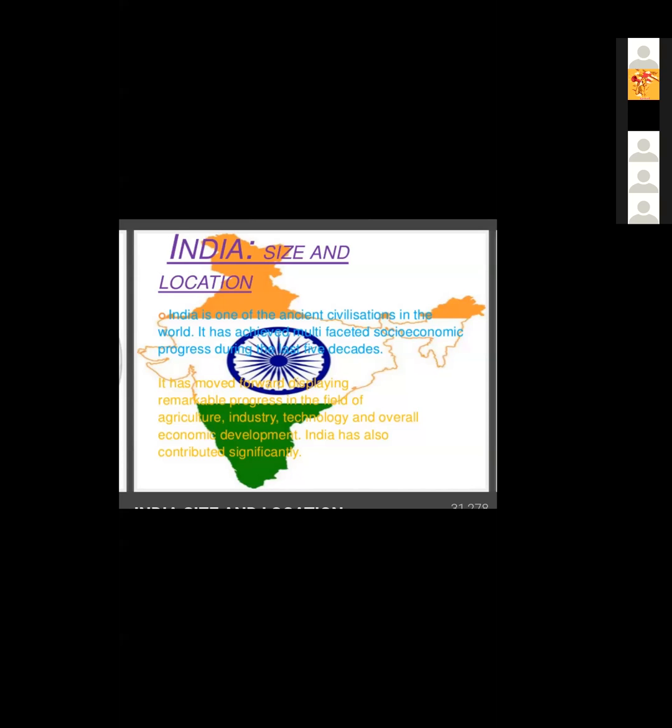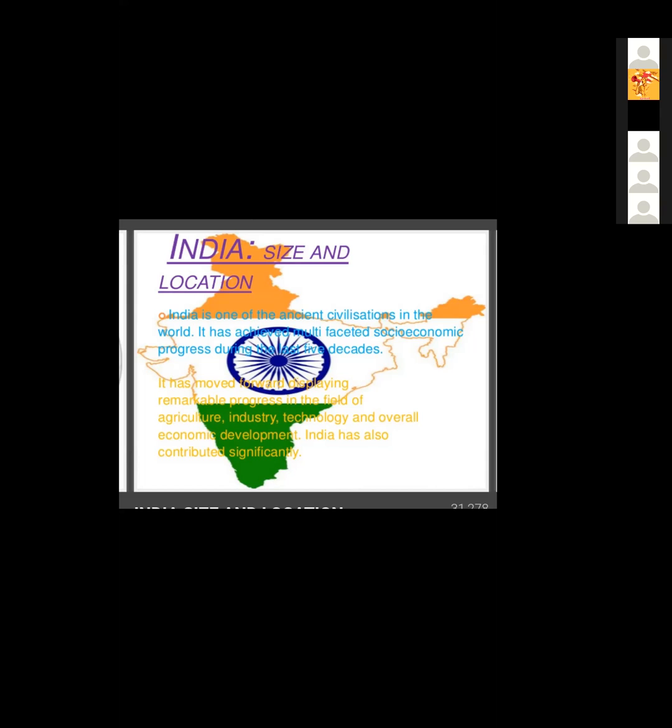So in this lesson, we have seen India's location, India's size, India and the world, and its neighbors. So what is the location? It lies entirely in the northern hemisphere between latitude 8 degrees 4 minutes north and 37 degrees 6 minutes north, and longitude 68 degrees 7 minutes east and 97 degrees 25 minutes east.